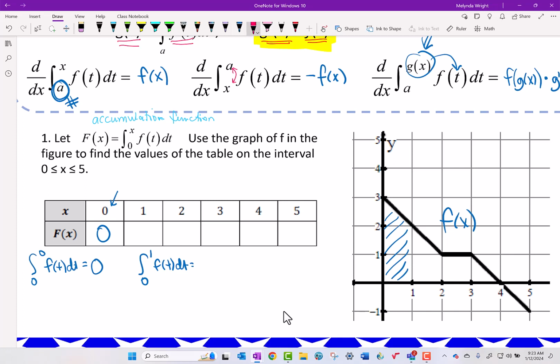So I would split this, and we had some practice with this. I would split this into two things. This would be like 2, right? And that's a triangle, half base times height. So that's 1. So this would be 2.5.